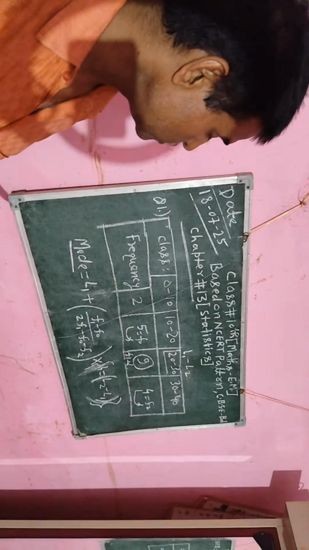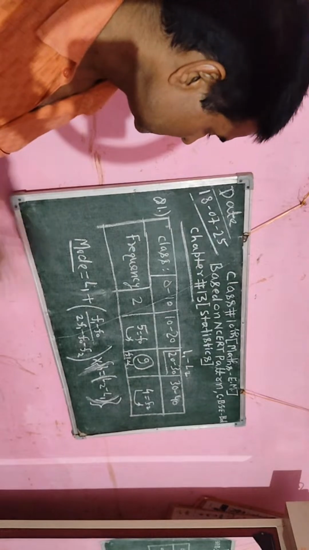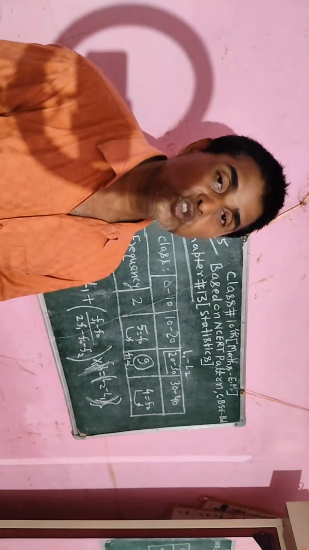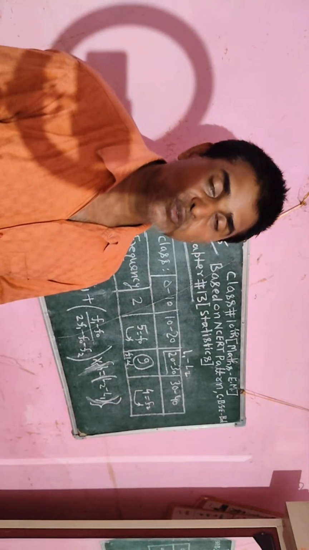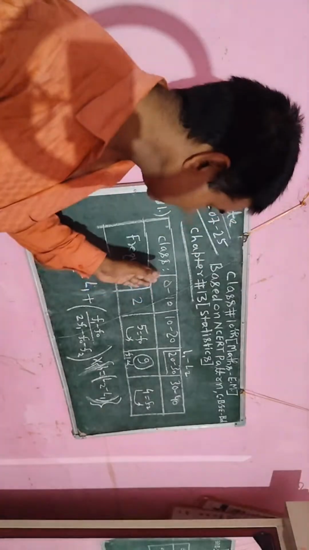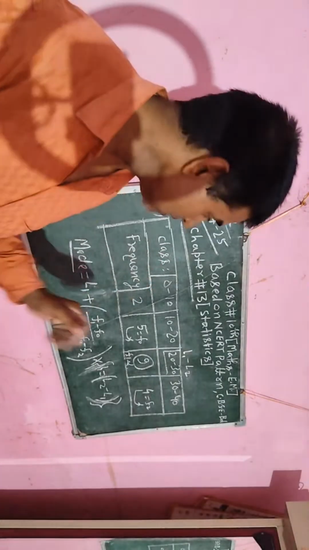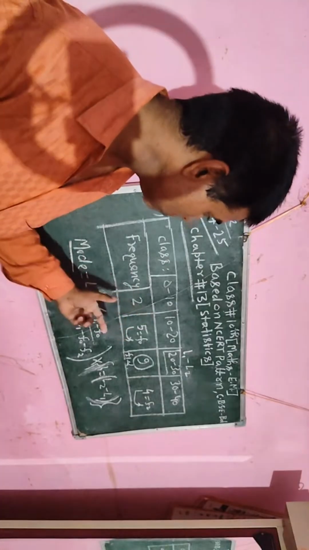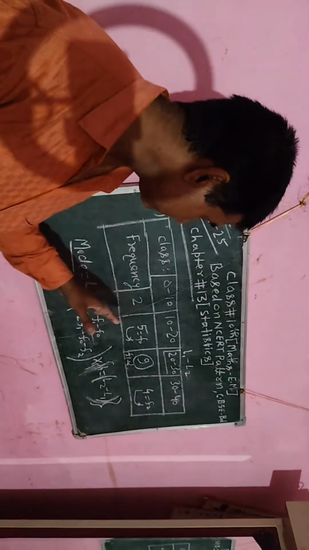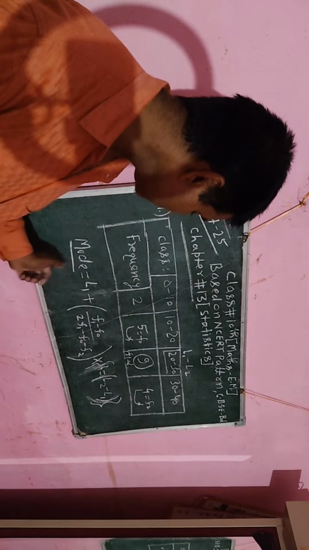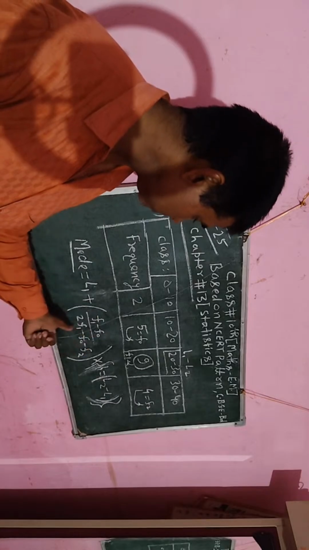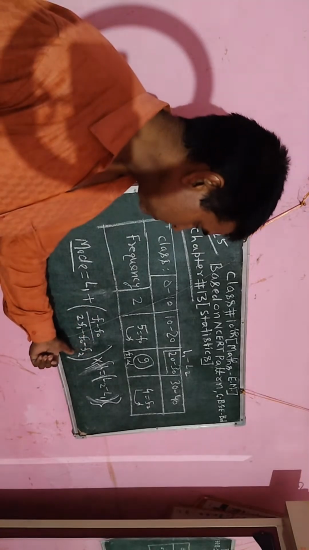Okay student, according to this way I will use this concept. Such a question can be asked in your CBSE board exam and also in the UP board exam. Both types of students can learn this formula easily, because if any data is given in group format, we have to get the mod value of that group data, and it can be obtained by this formula: mod is equal to L1 plus, in the bracket, F1 minus F0 divided by 2F1 minus F0 minus F2, into h.